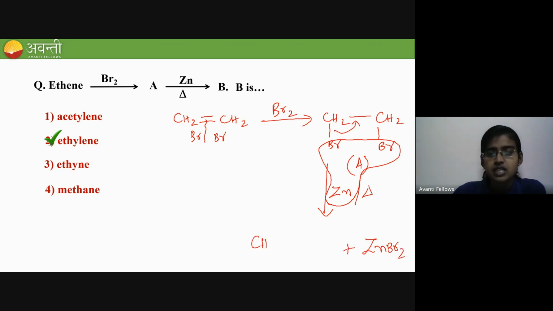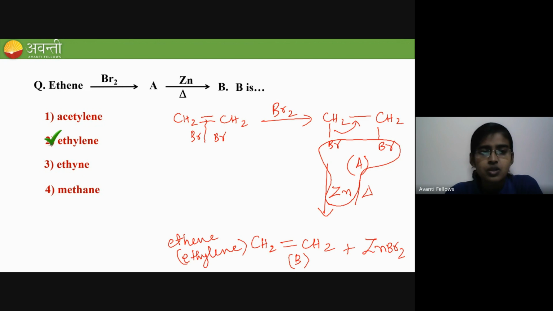So we will get CH2 double bond CH2. This is your compound B, and this compound B is called ethene. The IUPAC name of this compound is ethene, and the common name of this compound is ethylene. So ethene is not there in the options, so ethylene is the answer for this question. Got it?